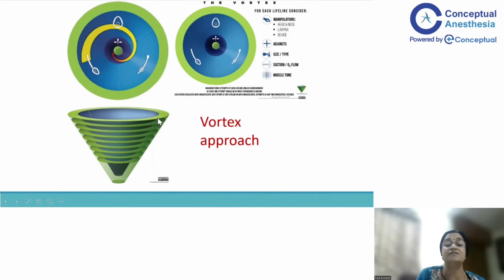Now, this is a funnel shaped tool for understanding this. This is a green zone, and that is the good oxygenated zone. And the blue zone, that is a hypoxic zone. You can see it goes on darkening and spiraling downwards. This is a dark hypoxic zone.